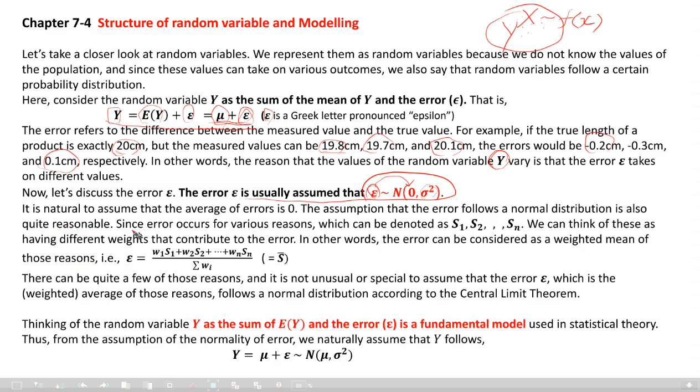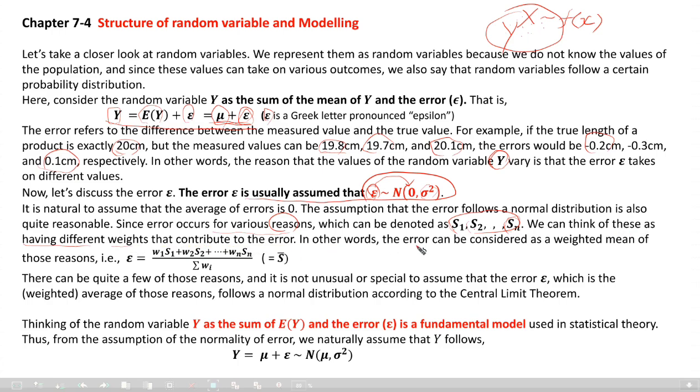Since error occurs for various reasons, which can be denoted as S1, S2, Sn, there are many sources of error. We can think of these as having different weights. These sources having different weights contribute to the error.